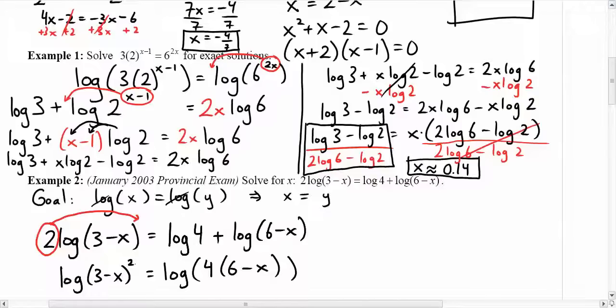If log of something equals log of something, then those 2 insides must be the same. The arguments of the log have to be equal. So you can cancel the log when you have one single log that's the same base on both sides. And now we've turned a grade 12 problem into a grade 10 problem.